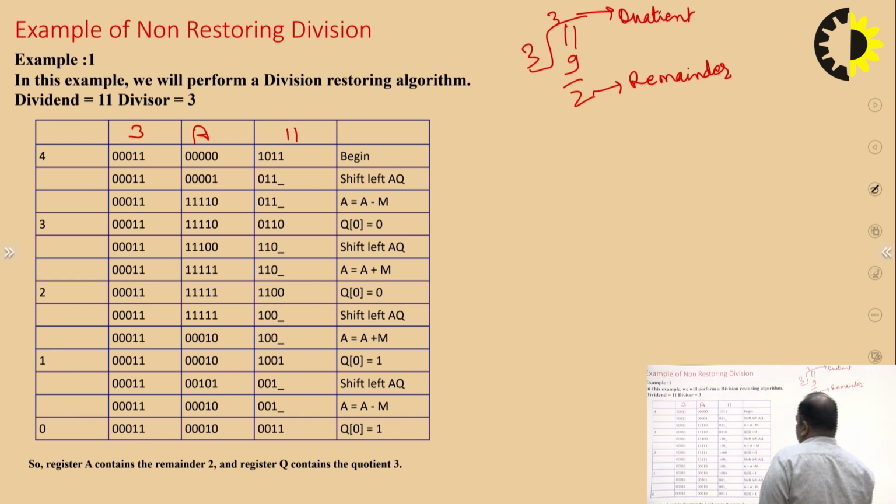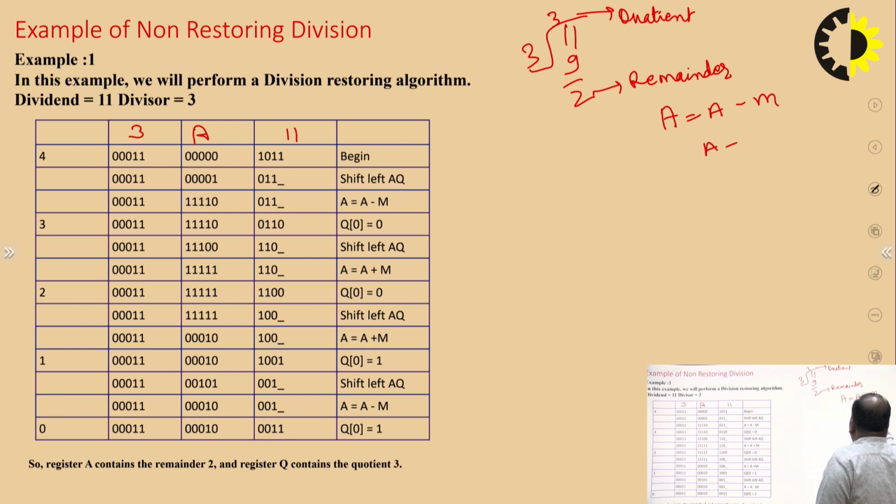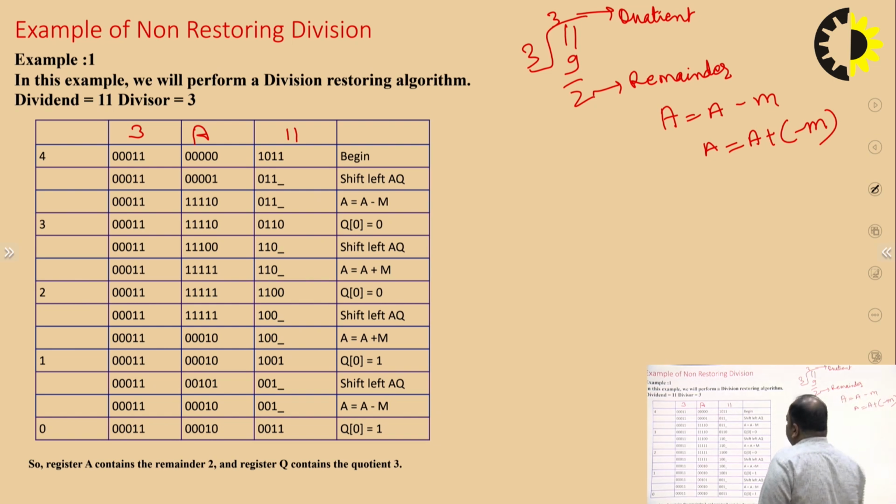We begin with 1011, check the sign bit, and since it is 0, we left shift A and Q and then calculate A = A - M.